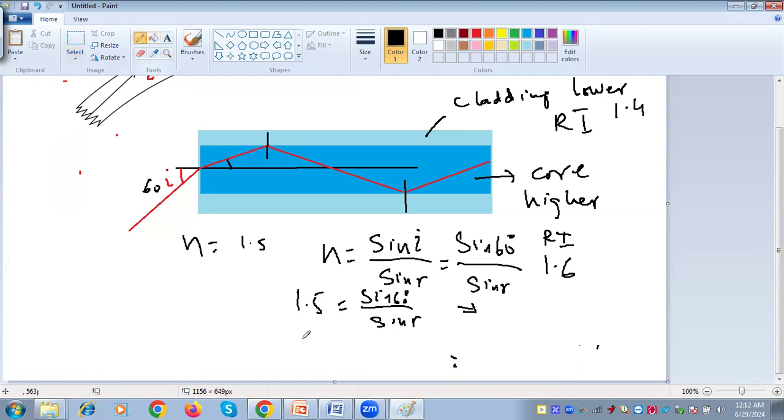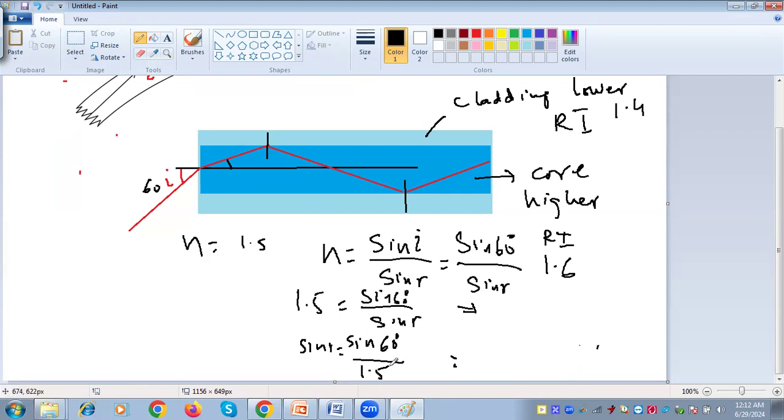is equal to sine 60 degree divided by 1.5. Cross multiplication, sine R goes to this side.